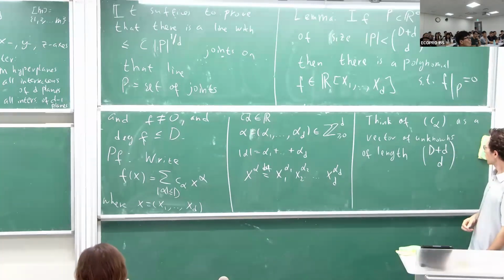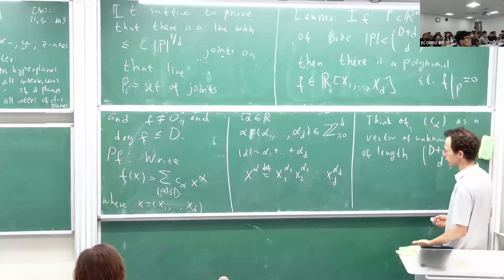Okay, so we have that many unknowns, and what are my equations?